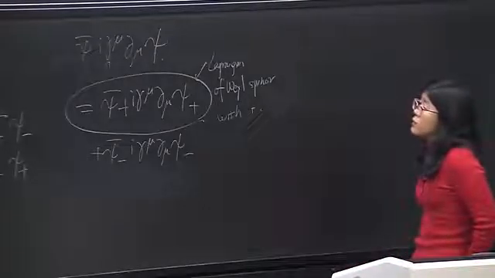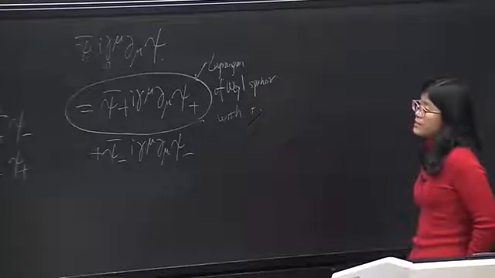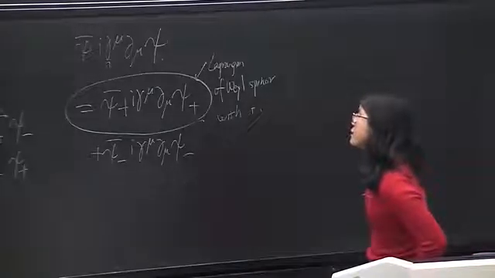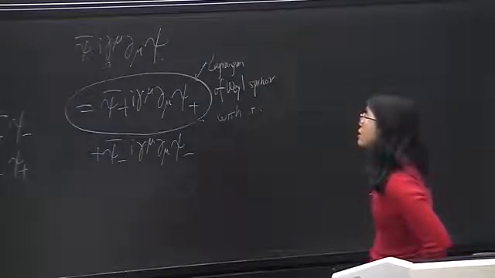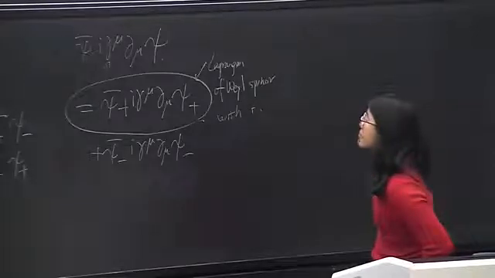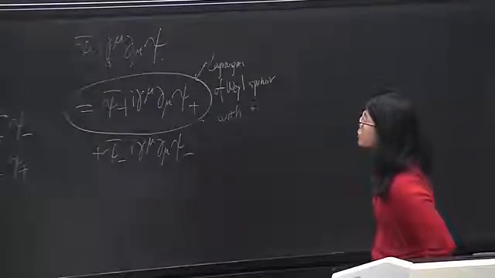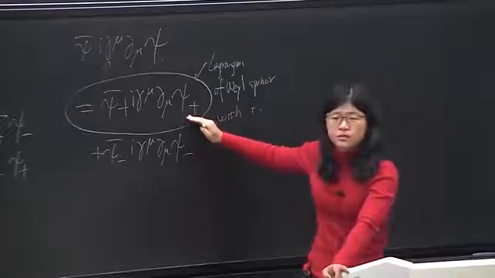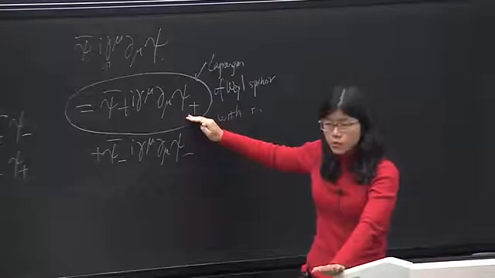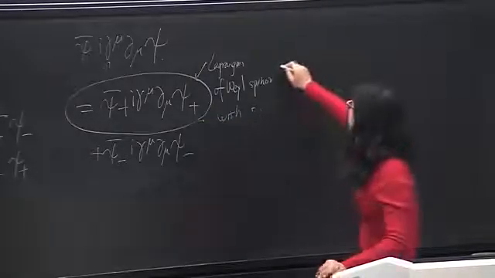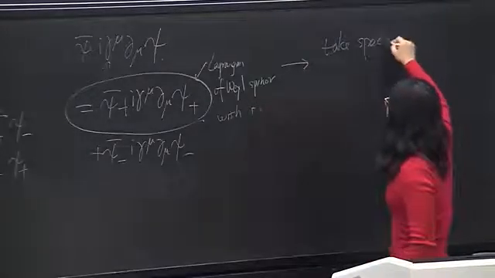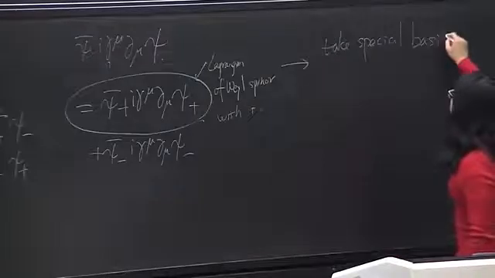But we can do one step further. It's actually completely silly to work in 4 dimensions, I mean, the 4 component language, because a Weyl spinor only has 2 components. So this is the time when we say, let's take a special basis, which is the Weyl basis.